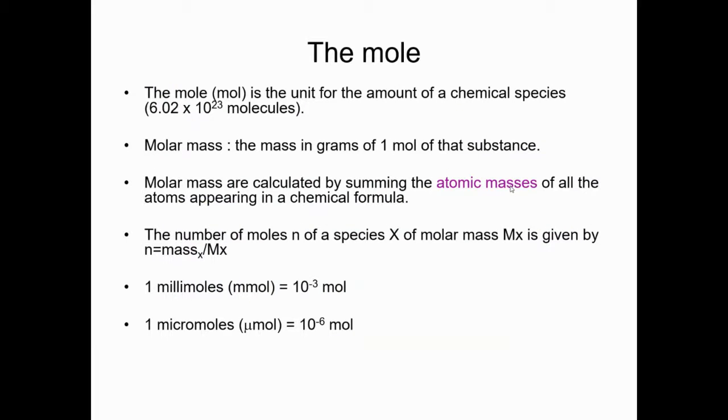So the number of moles n of a species X with molar mass M is given by n equals the mass over M. So let's say you have 29 grams of sodium chloride. How many moles is that? Since we know the molar mass is 58, the moles will be 29 divided by 58. So that's 0.5 mole. That's how you get the mole.